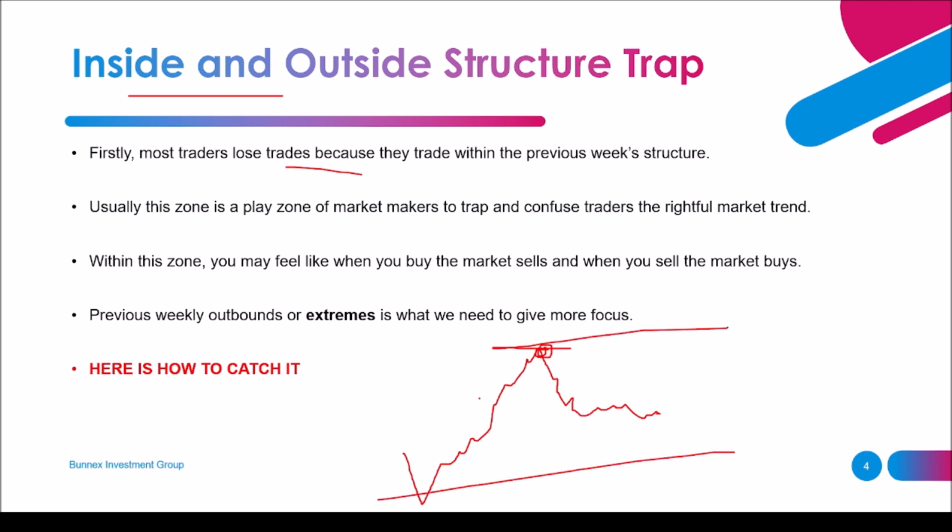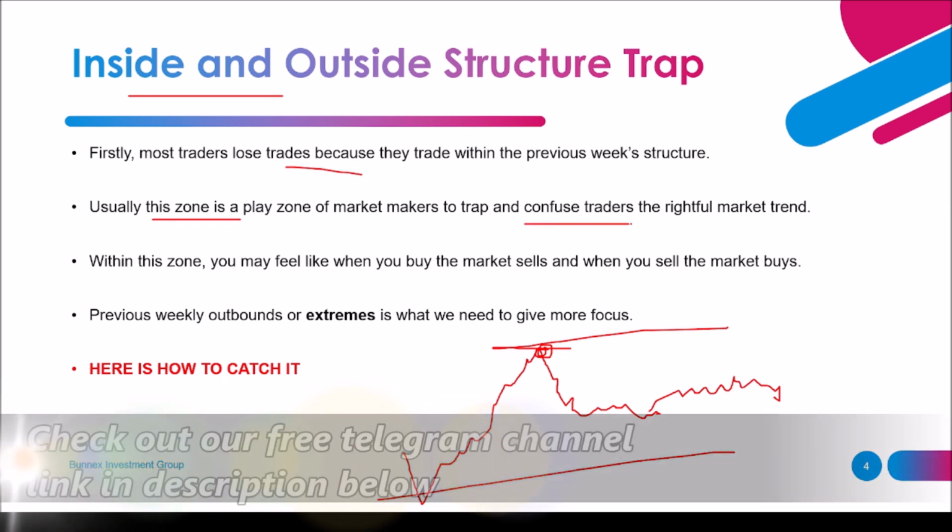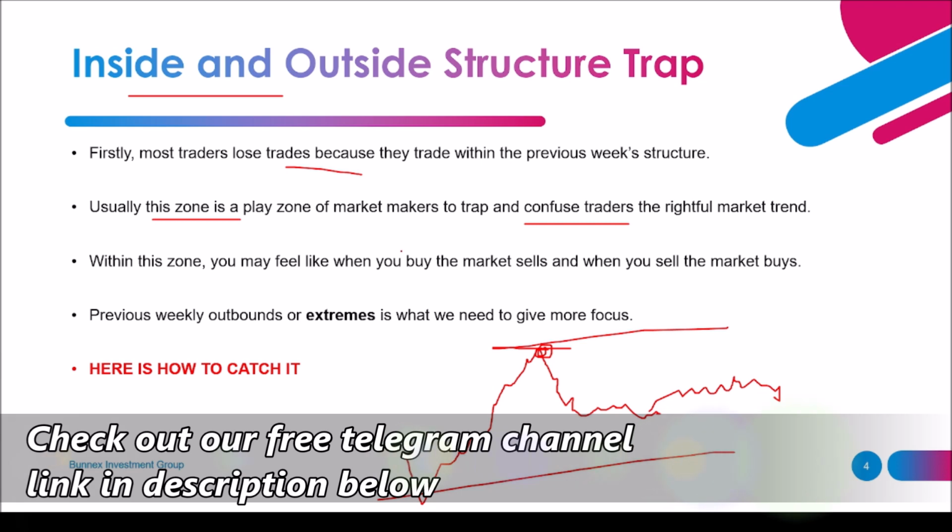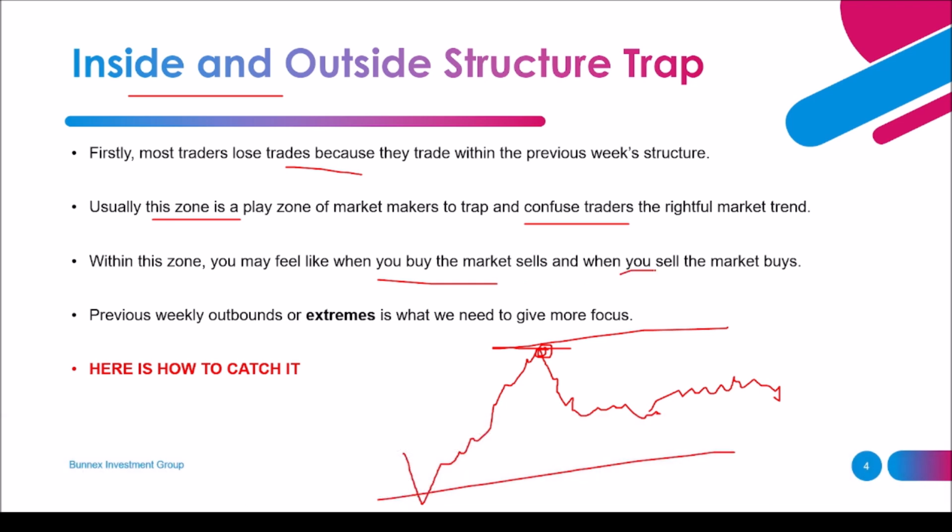Like in this case, it was still in this range, and those who will be trading within this phase have experienced a feeling of maybe the market is trying to fool them. Usually this zone is a play zone of market makers to trip and confuse traders about the rightful market trend. Within this zone, you may feel like when you buy, the market sells, and when you sell, the market buys.